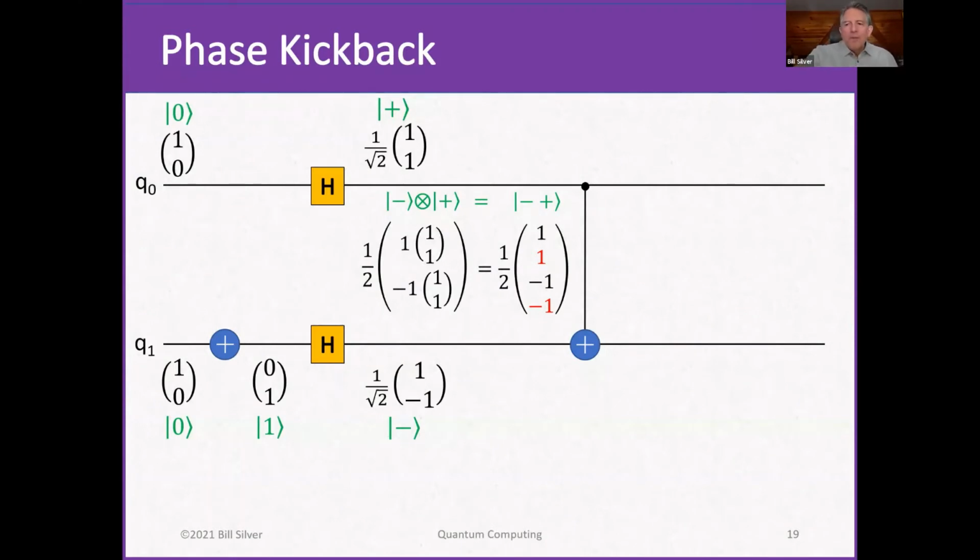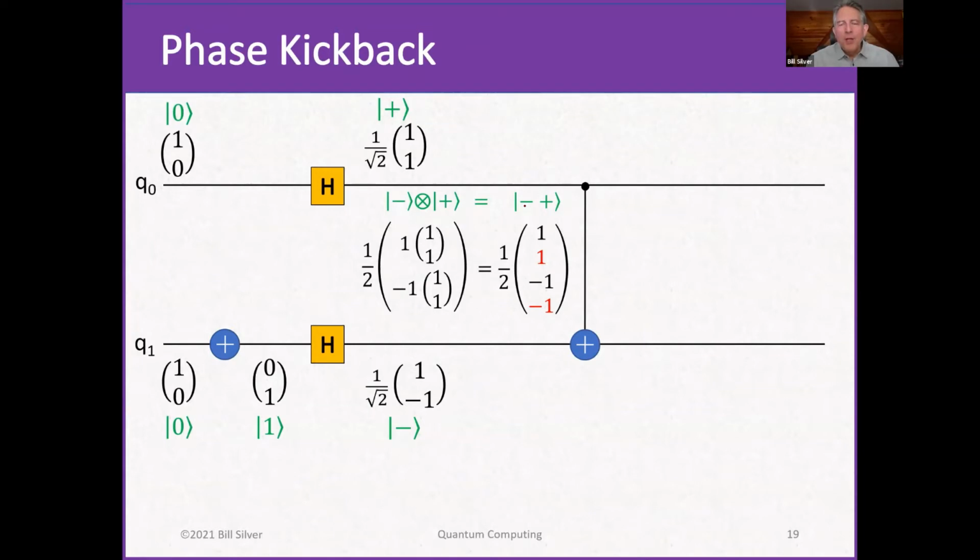All right, where Q0 is always the least significant bit, Q1 is a more significant bit, and I write it minus plus rather than plus minus because I write it most significant to least significant from left to right, the way a computer scientist would. Not all textbooks write it that way. You just have to be consistent about it. I think physicists tend to do it a different way, but in any event, it's the way we're doing it.